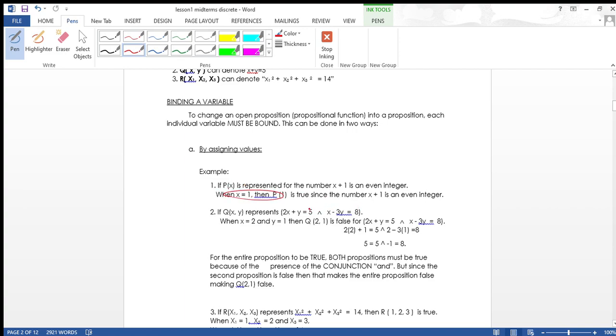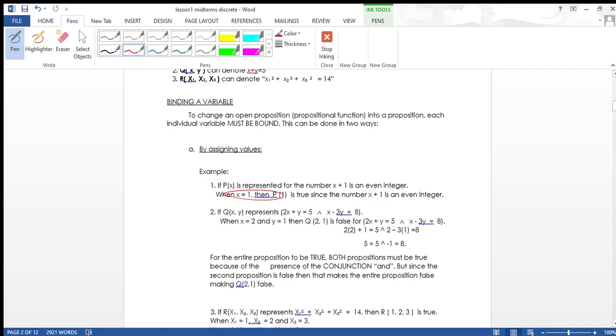So if x is equal to 1, or we can denote that as p of 1, meaning in the function p, we are assigning x is equal to 1, then if you now substitute x equals 1, 1 plus 1 is equal to 2, 2 is an even integer, then you now find the truth value of the proposition. So from an open proposition, we now have a specific value for x equals 1. We get a truth value. Therefore, this now becomes a proposition.